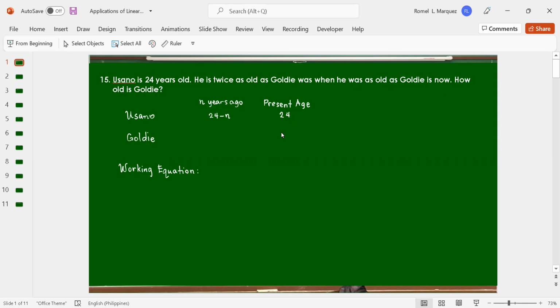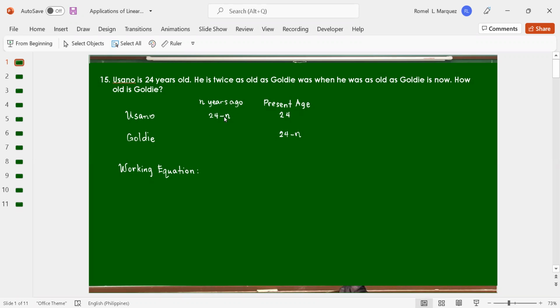So the age of Goldie, the present age, is the same as the age of Usano when it was N years ago. Okay, guys? So this is also 24 minus N.